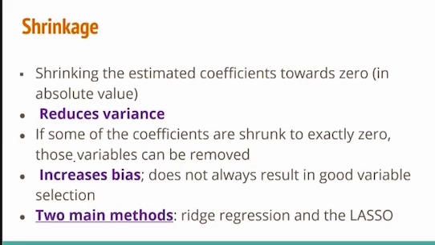When you are able to shrink it to zero, or towards zero, you're reducing the variance. But if you're not so careful, you're going to create high bias, increased bias.